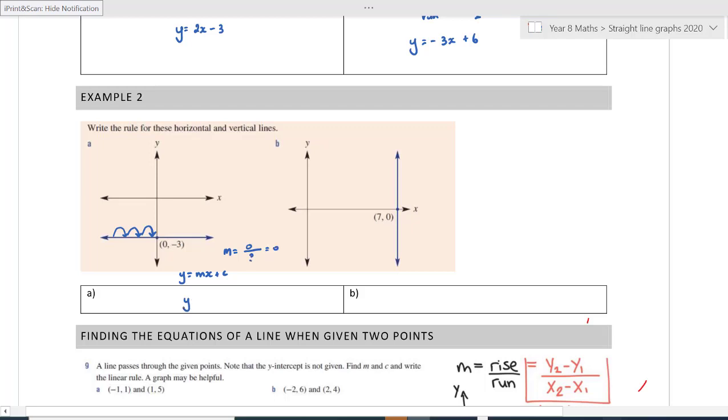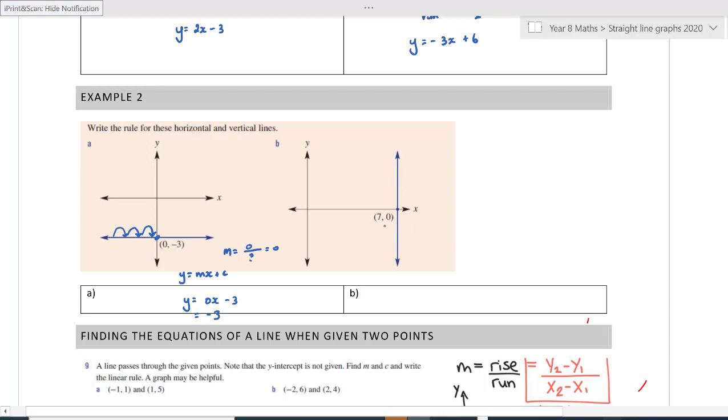So we've got 0x, and then notice here that c is the y-intercept. It crosses the y-axis at -3. So we've got 0x minus 3, and of course 0x is just 0, so we don't need that. It's just y equals -3. So y equals -3 is a horizontal line with a 0 gradient.